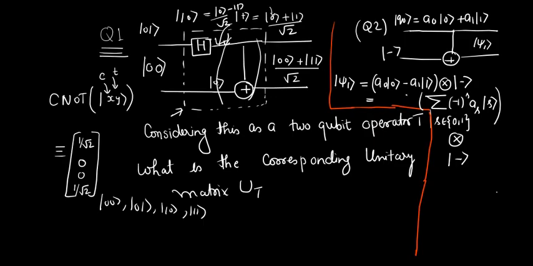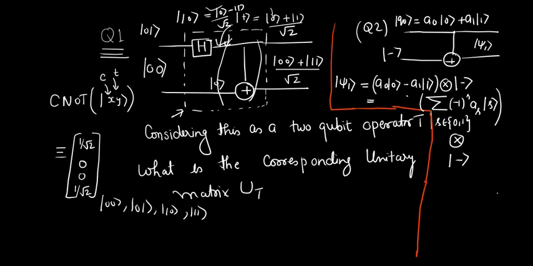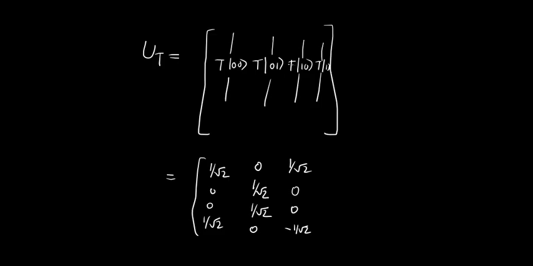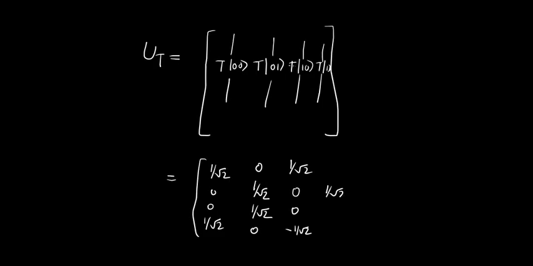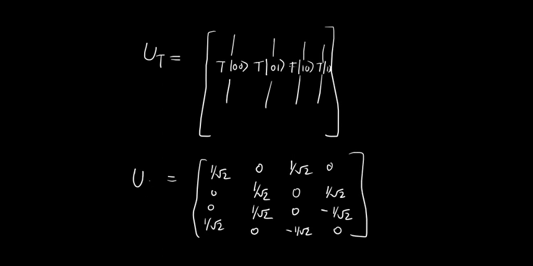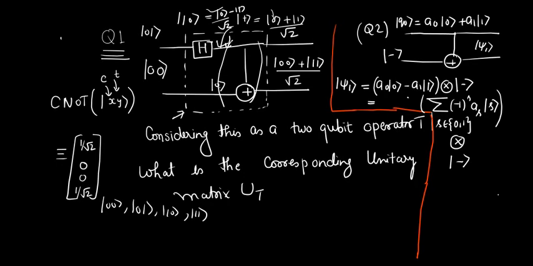Next, if we pass 11, what would happen? So we will have 01 minus 10, right? So this is the corresponding column, correct? One advantage or utilization is that if you have any general qubit now of type A0|0> plus A1|1> and Q1 of type B0|0> plus B1|1>, we can easily evaluate its output state, right?